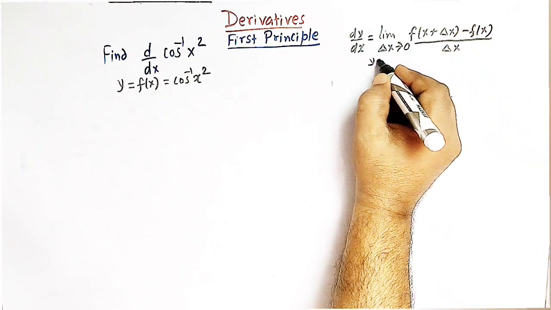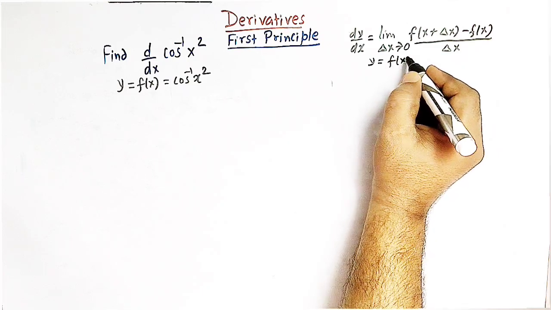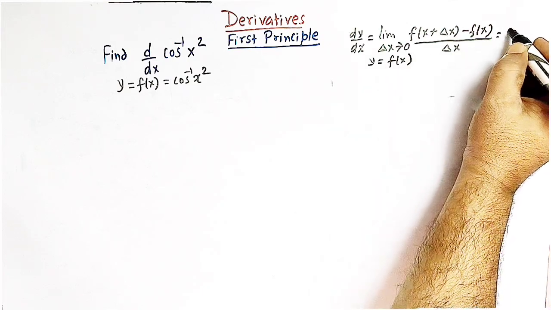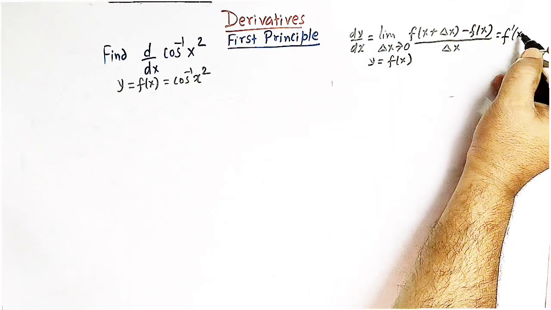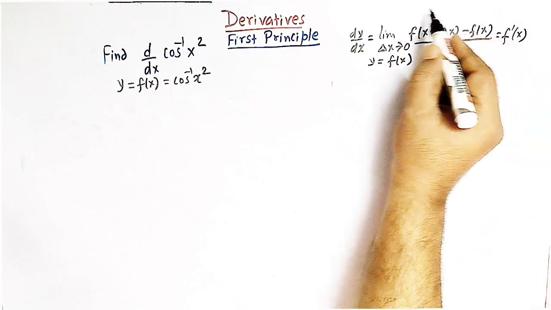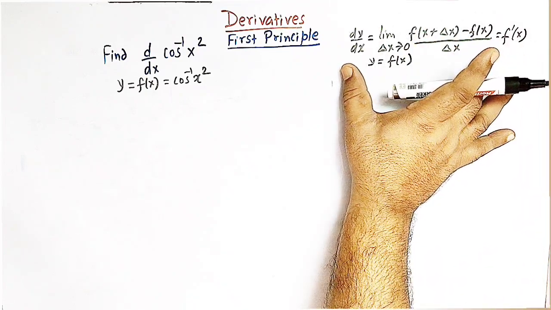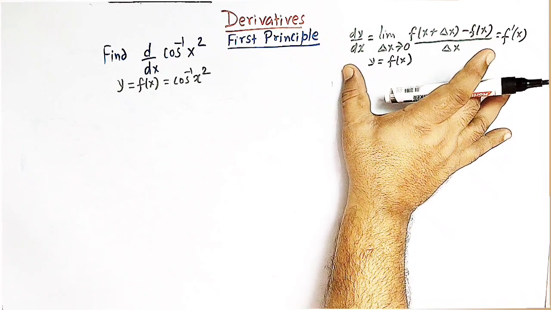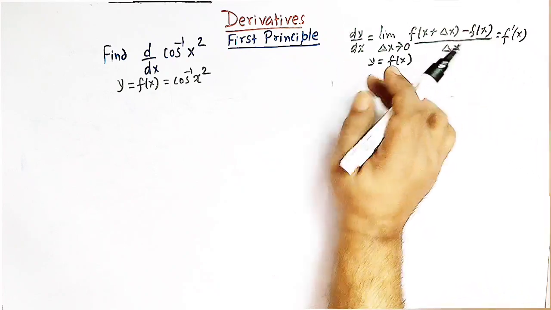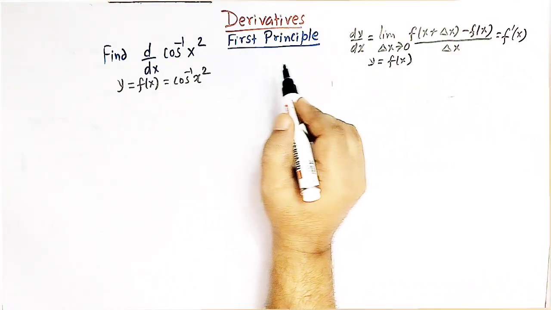And here we have the function y is equal to f of x. So the derivative, that is f prime of x, is given by this limit, and this is known as finding out the derivative of this function y using the first principle, right?